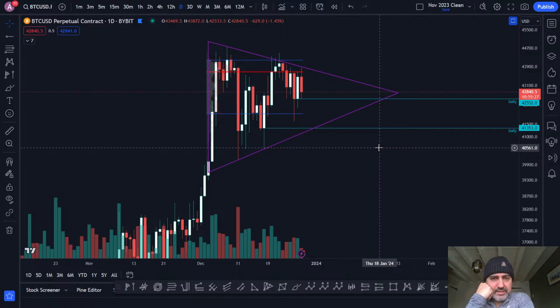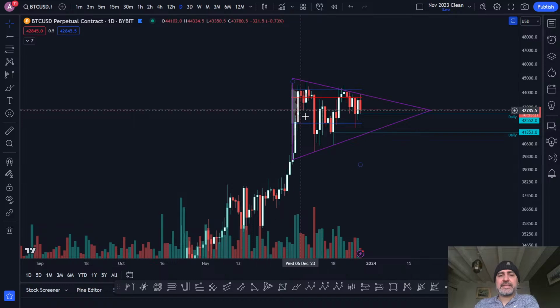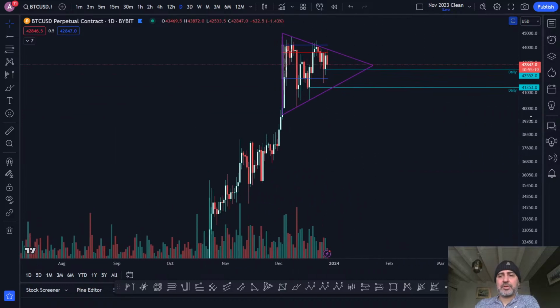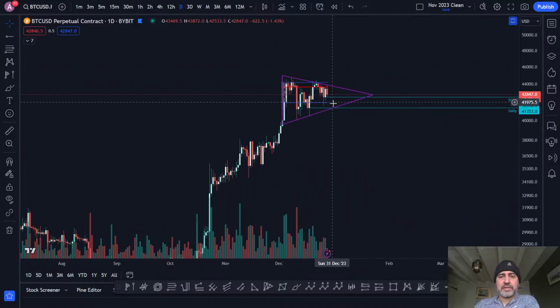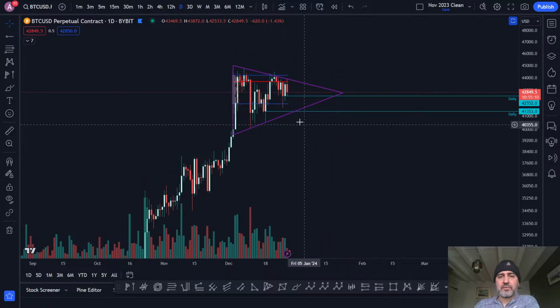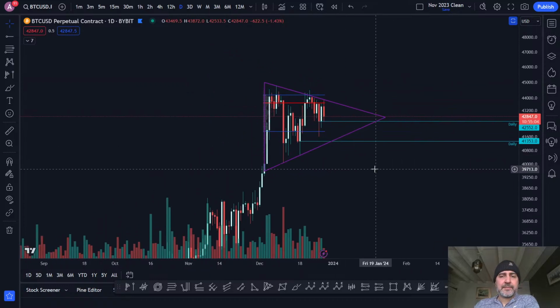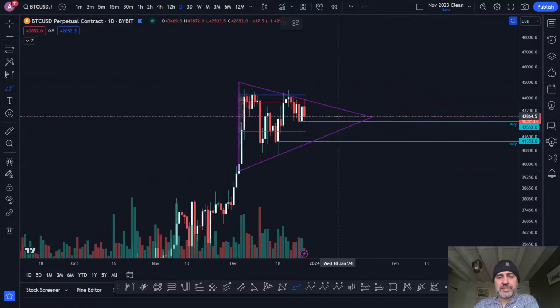You know that these can go either way. They don't have to go up. I mean, it's a pennant, right? On an extended range, that's quite bullish in the sense that this is what needs to form before it goes up. But look, 10th of January, and this makes sense actually, because the ETF is scheduled for the 10th of January.